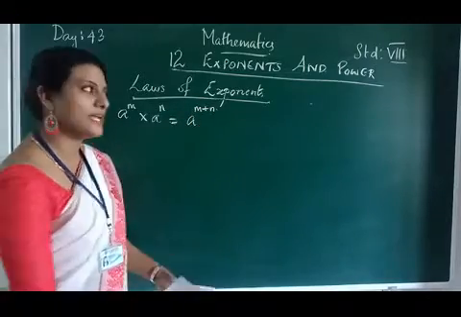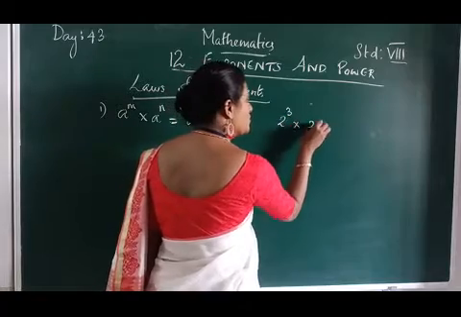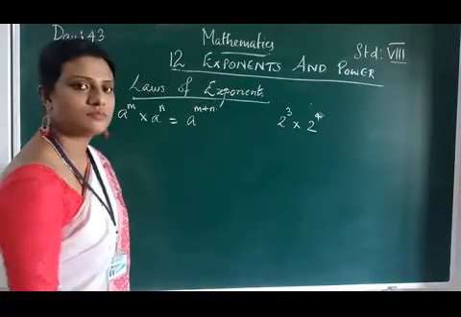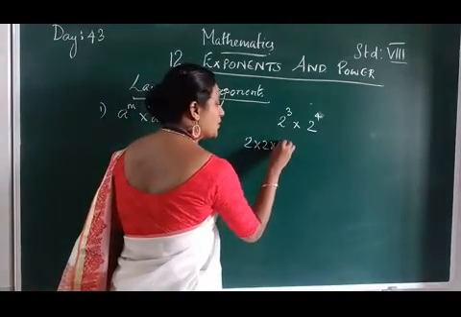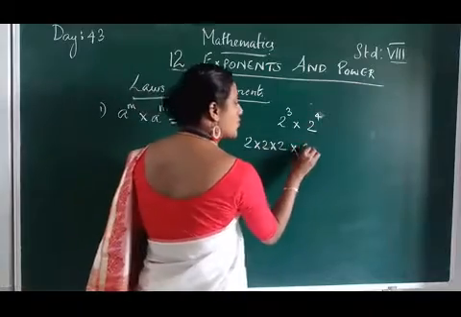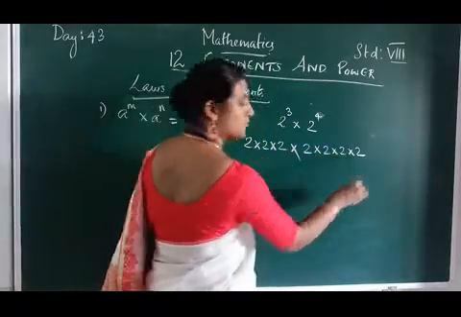What is 2 cube into 2 raised to 4? 2 cube is 2 into 2 into 2, into 2 raised to 4, which is 2 into 2 into 2 into 2.